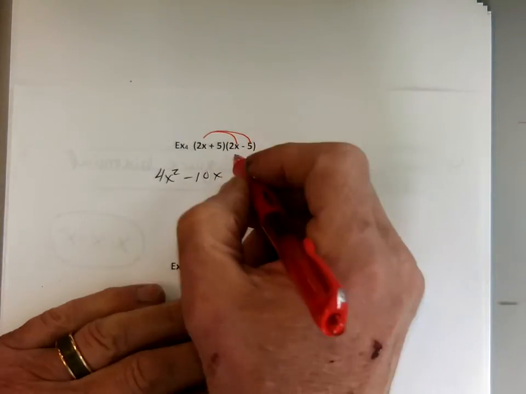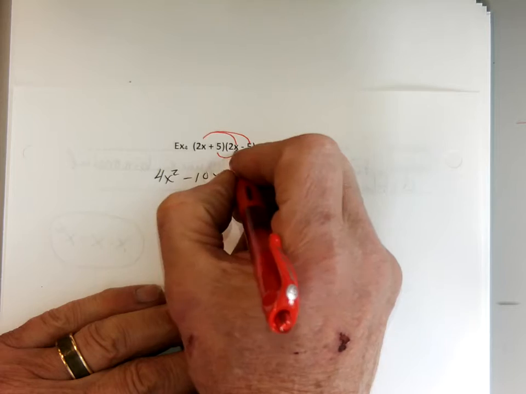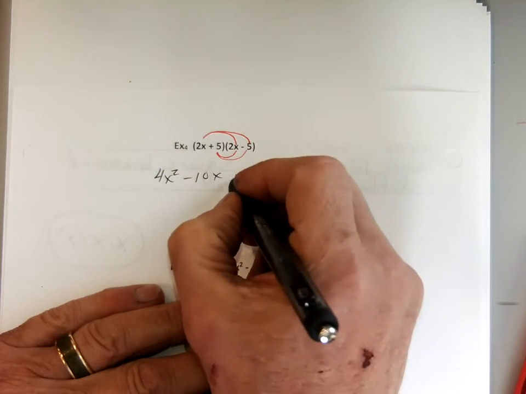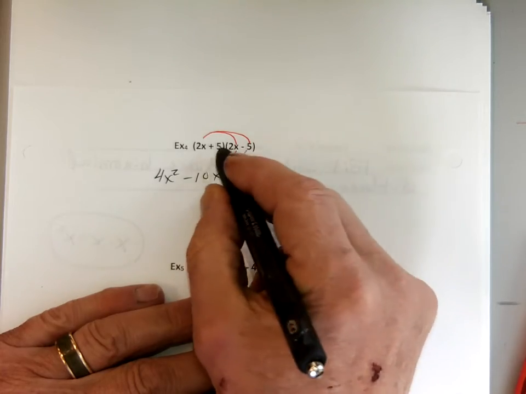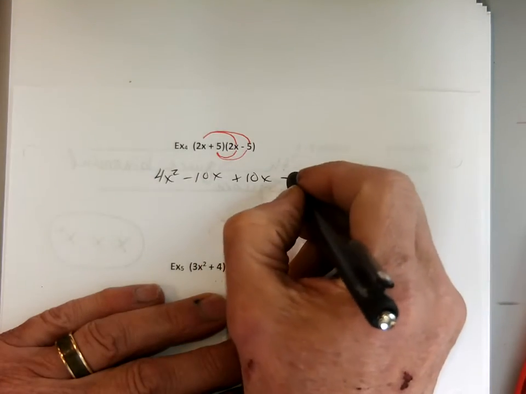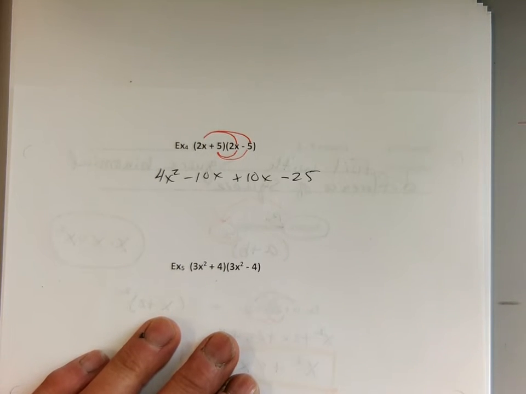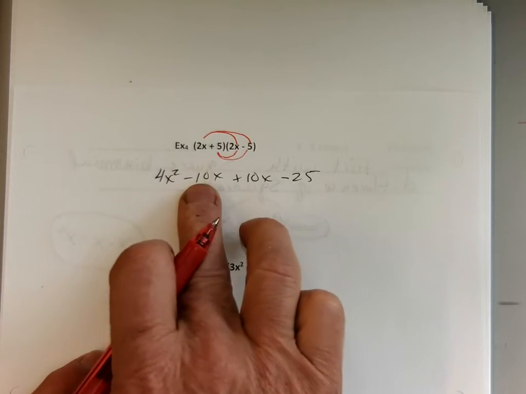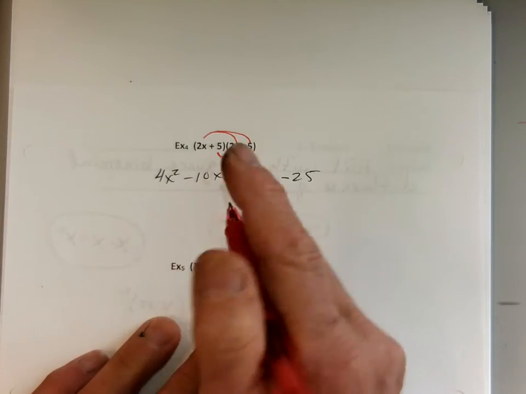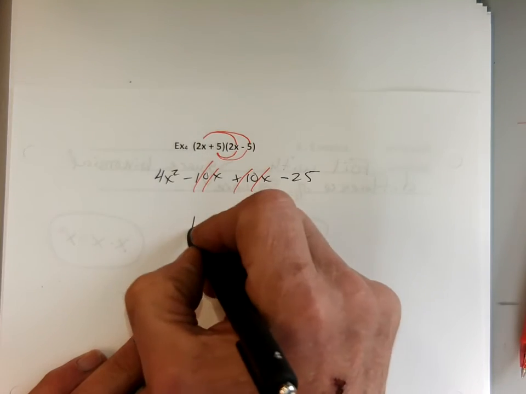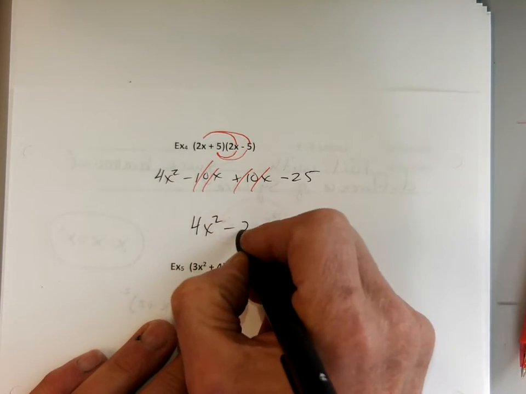And then 5x times 2 and 5 times 5 gives me a positive 10x and a negative 25. Again, the middle two terms cancel, don't they? Negative 10x, positive 10x, middle two terms cancel, boom, boom, gone. And I'm just left with a 4x squared minus 25.